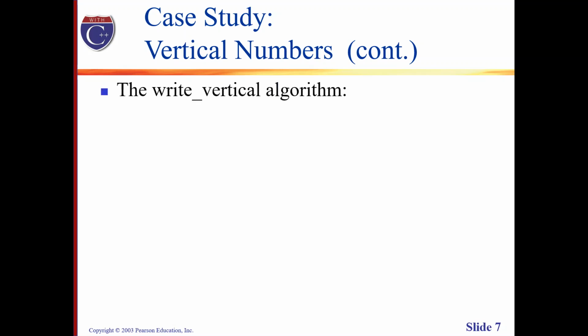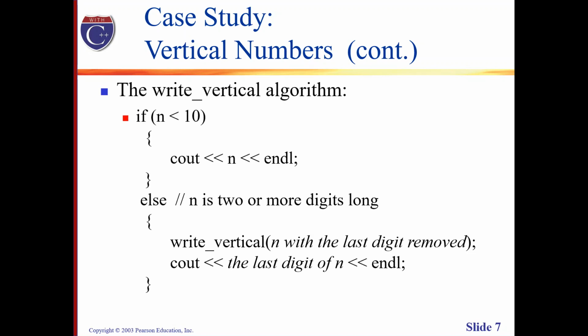Now that we have a grasp of what our solution will be, we can now write the following algorithm. For example, we are going to call our function writeVertical. This is how our algorithm will look. For instance, if the number is less than 10, then it means that we only have a single digit to print.